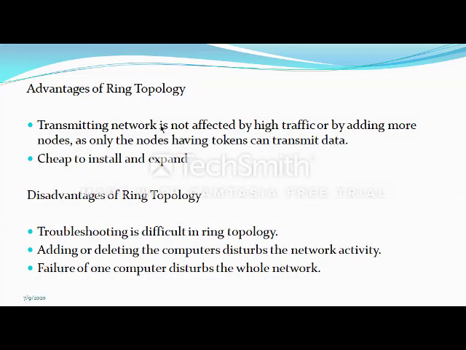That is a disadvantage in bus topology. Only the nodes having tokens can transmit data. That is a token system. It is very cheap to install and expand. What are the disadvantages?